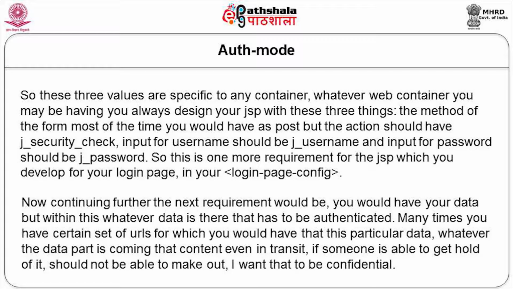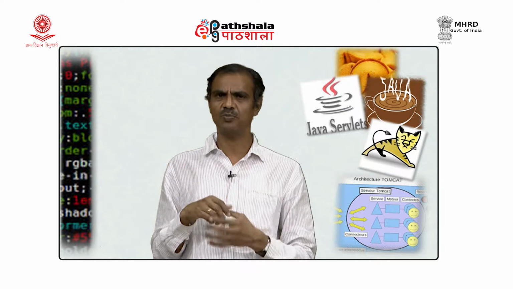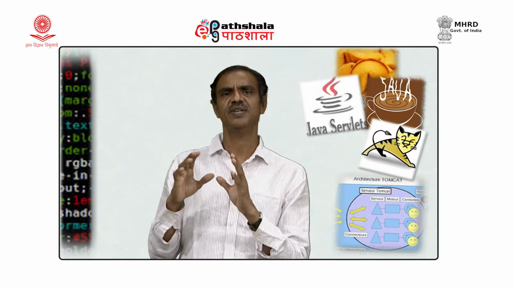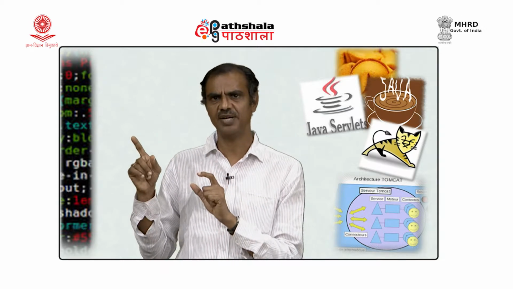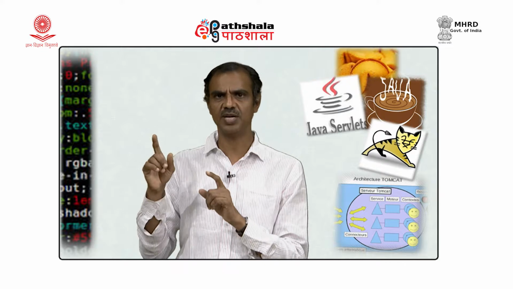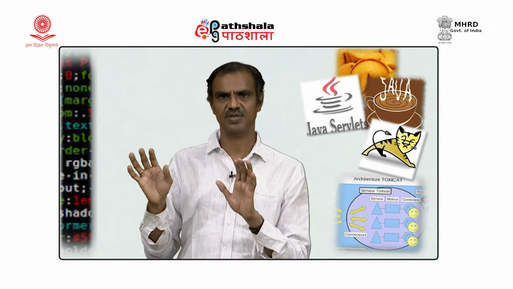You always design your JSP with these three things. Most of the time you will say method equal to post to keep it more secure, but the action should have j_security_check, input for username should be j_username, and input for password should be j_password.